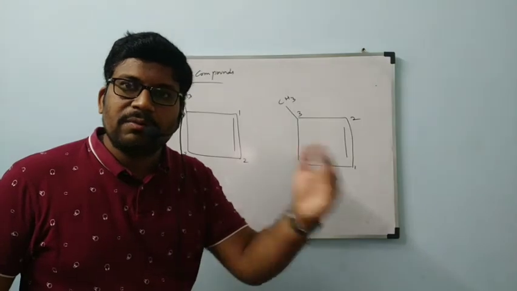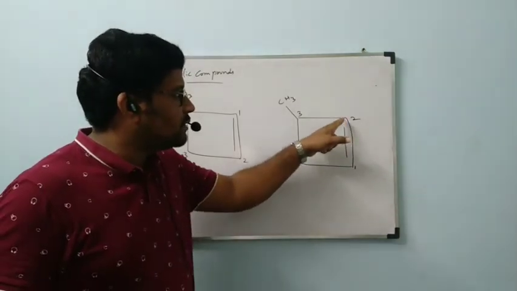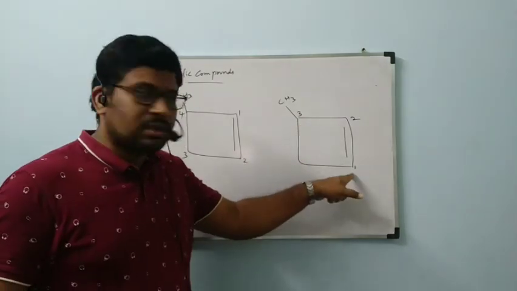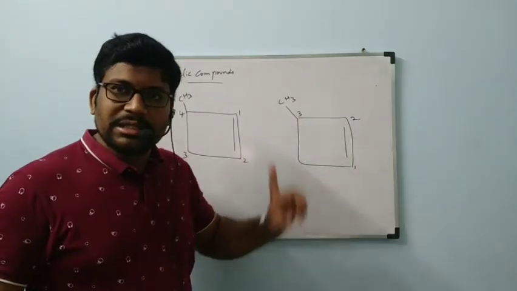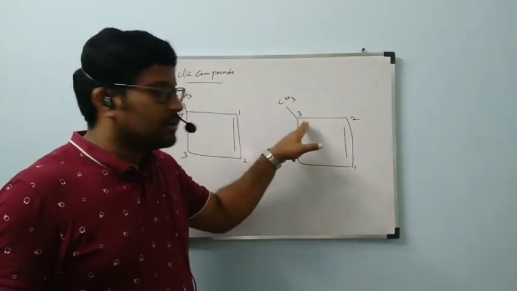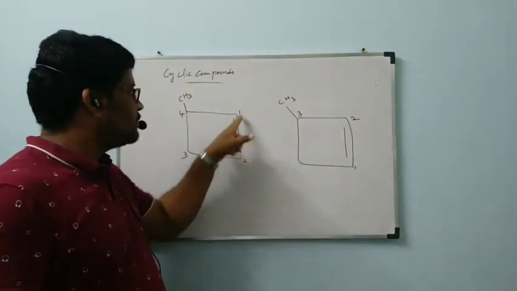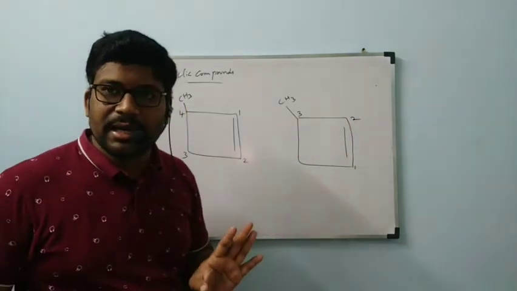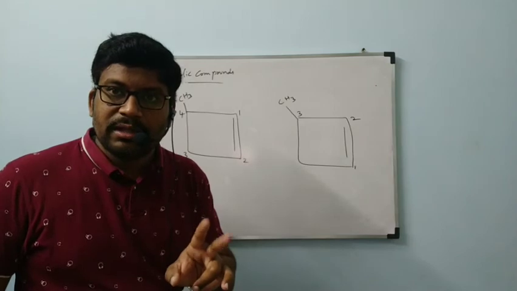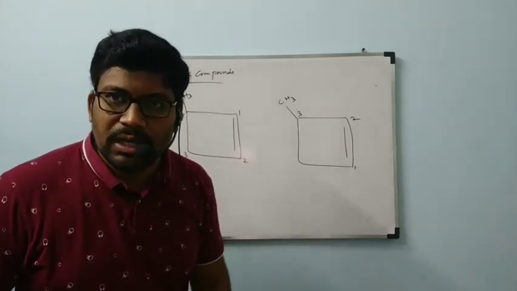Then only we give importance to the methyl group. That's why I started numbering from here. Here the double bond gets 1, 2, and here also 1, 2. That's why that numbering is correct. Remember that double bonded carbons must get the least numbers only.